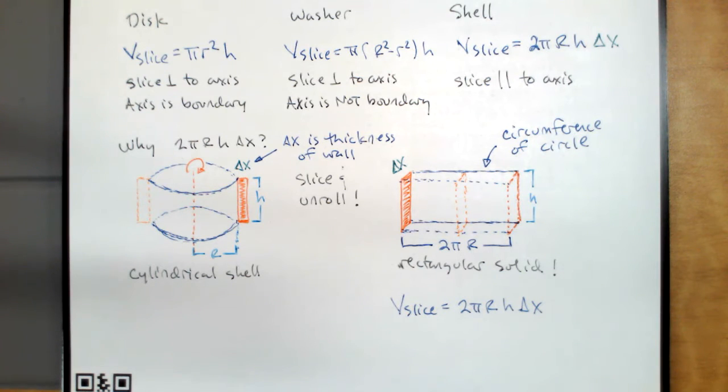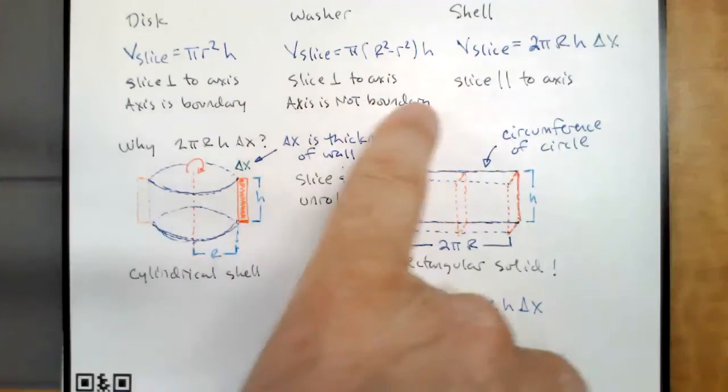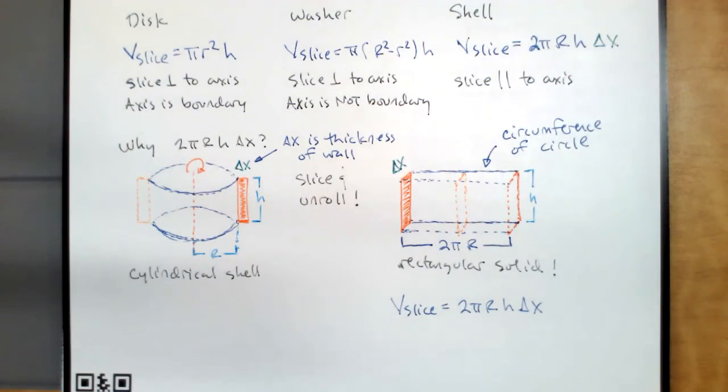Any questions? The important thing is this. We have these 3 different strategies, which are really 2 different strategies, and you get to decide what strategy you're going to use. If you decide to slice perpendicular to the axis of rotation, then you're doing discs or washers.